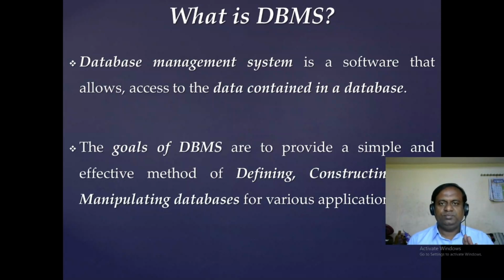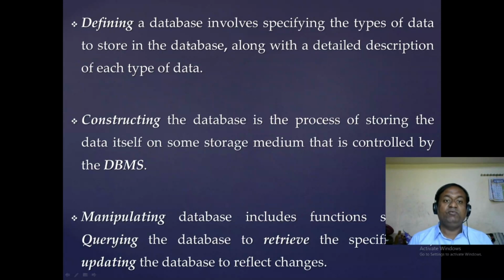Let's see one by one. First, what is defining? Defining a database involves specifying types of data to store in the database along with a detailed description of each type of data. It means what exactly is the data that you want to define for the database, first that should be clearly specified. As I told you, there is a lot of information related to the student.